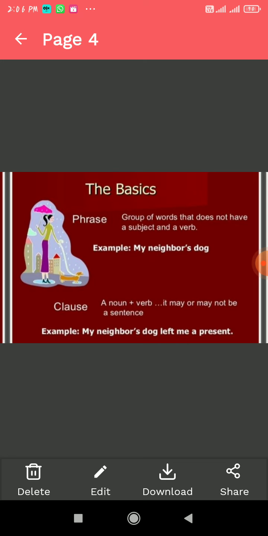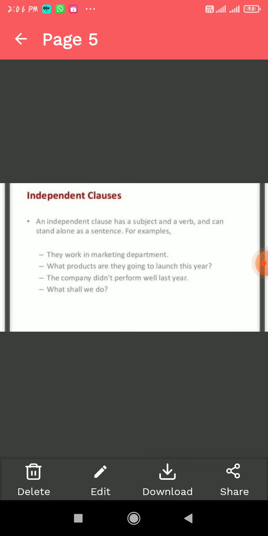But a clause is a noun plus verb, and it may or may not be a sentence. Example, my neighbor's dog left me a present. In a clause, there must be a subject, a finite verb and also the rest of the part, the predicate. So that's the difference between the phrase and the clause.